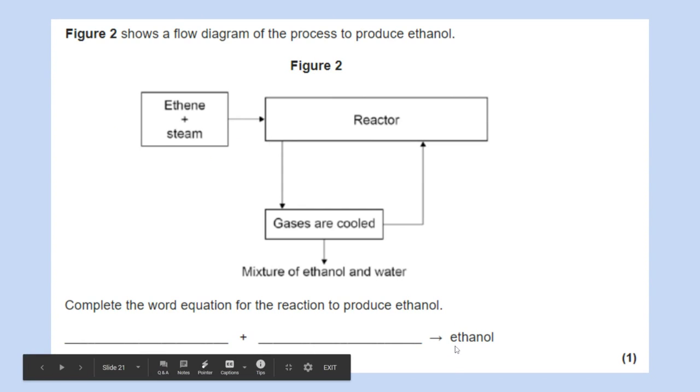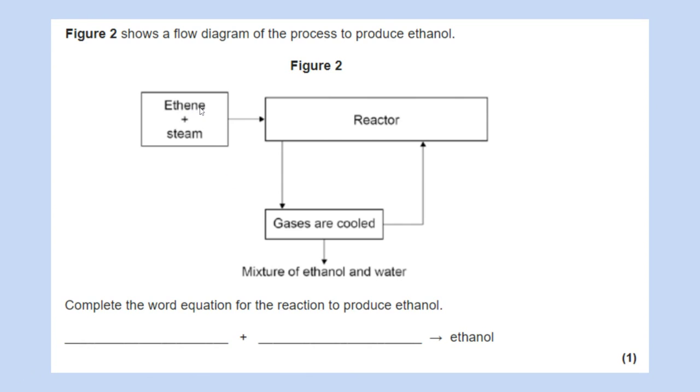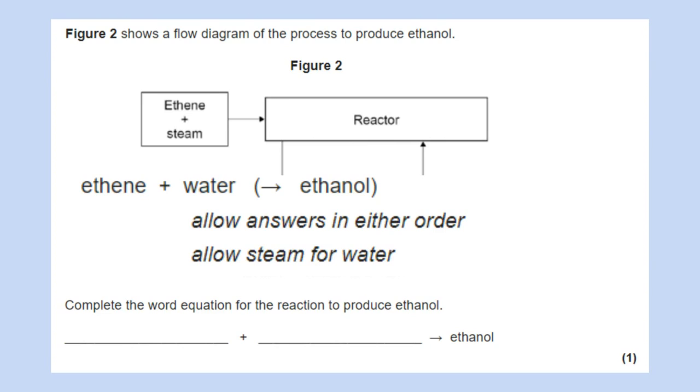But notice the alcohol just has the start of whatever your carbon chain length was, because you've not added or taken any carbons away. Okay, answer there of ethene plus water, allowing in any order, so it would be water plus ethene, and you're also allowed steam for water, because that's what it says in the question.